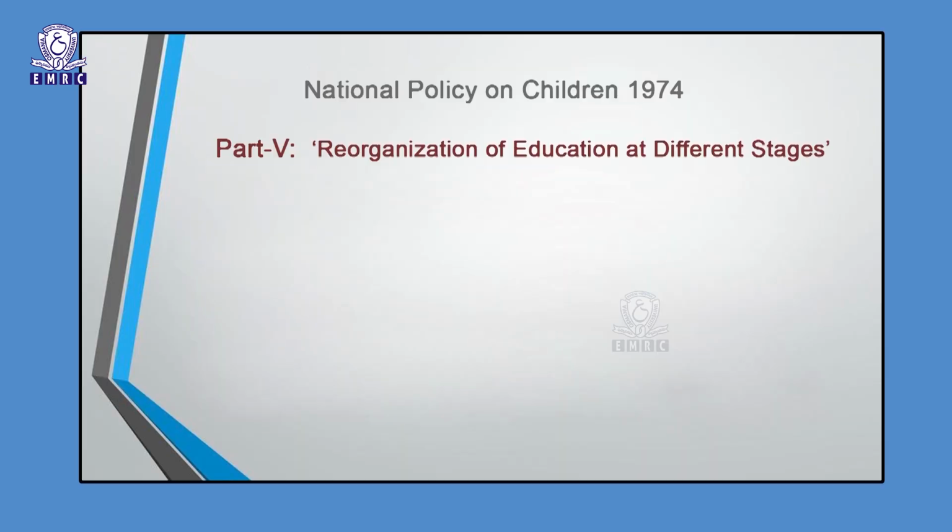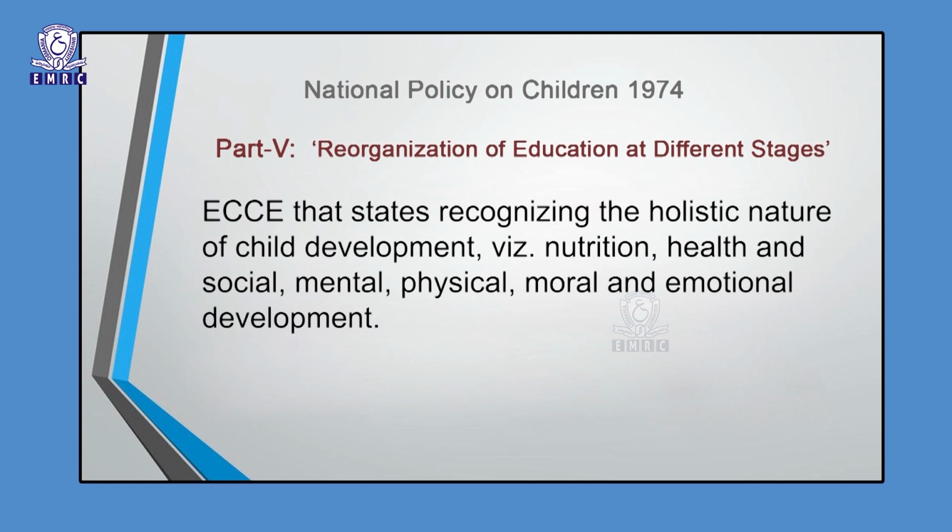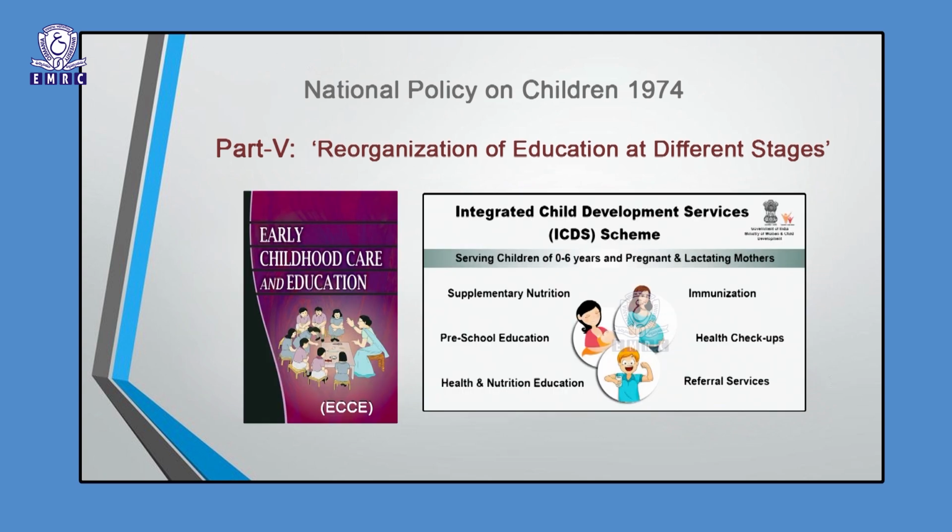Part 5 on reorganization of education at different stages includes ECCE, which states: recognizing the holistic nature of child development, namely nutrition, health and social, mental, physical, moral and emotional development, ECCE will receive high priority and be suitably integrated with the Integrated Child Development Services, that is ICDS.